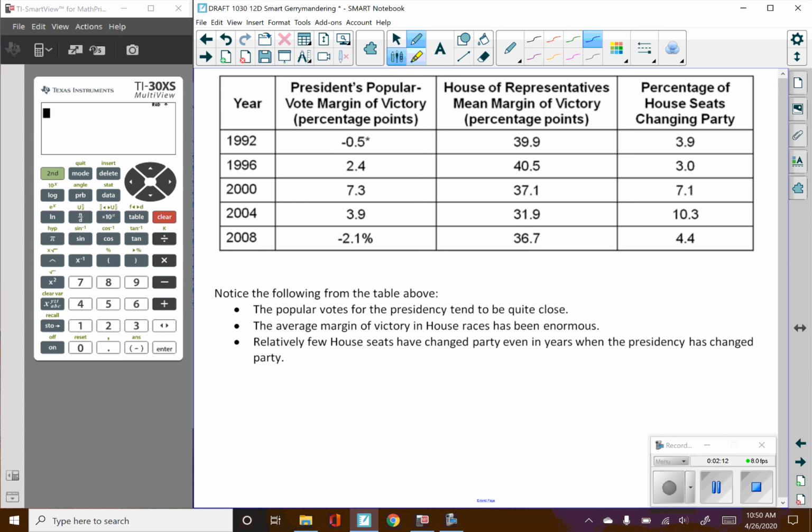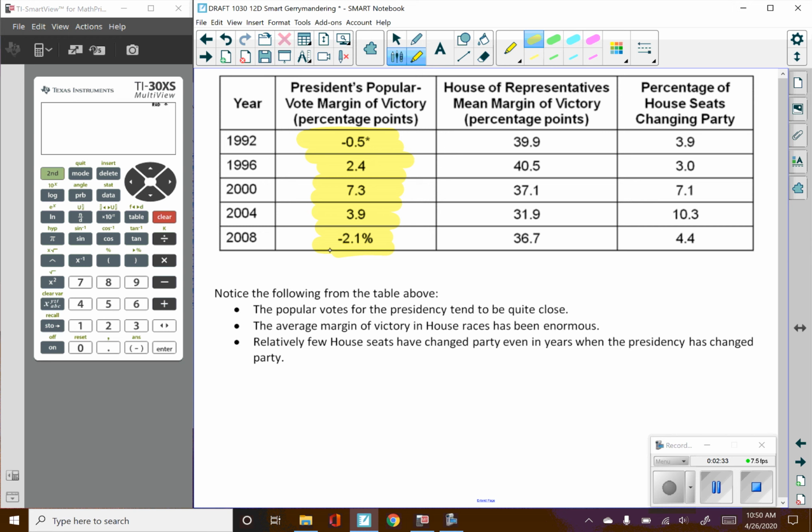So what you can observe if you look at voting histories is that the presidential vote margin of victory is typically very, very small. Our country is really pretty evenly divided among more conservative and more liberal thinking.